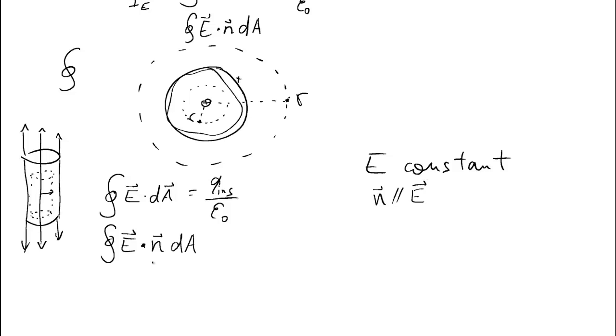Now, if two vectors are parallel, their dot product turns into just a scalar multiplication, which means we still get this integral, and E dot n, because they're parallel, will simply be E, because the magnitude of n is just 1. It's a unit normal vector.